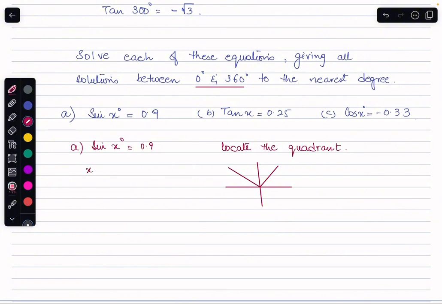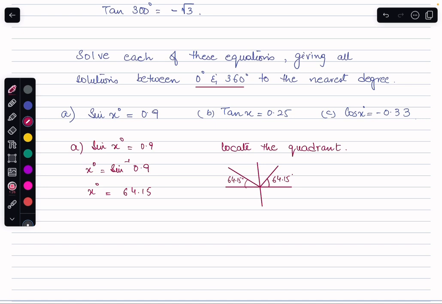So x degrees shall be equal to sine inverse 0.9. Sine inverse 0.9 is 64.15, meaning I have the basic angle with respect to the x-axis, which is 64.15 degrees.